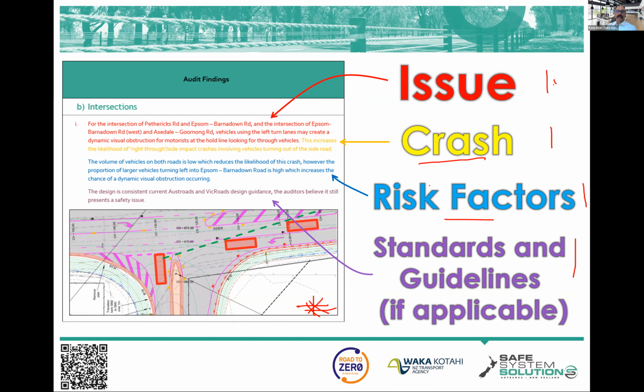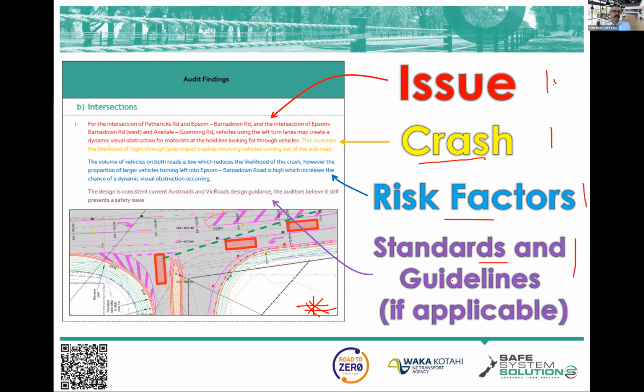Then you talk about risk factors. It could be this will be worse at night because the lighting's also poor, or this is worse outside of peak times because vehicle flows are faster, or the skid resistance is also bad, which factors in there to make it worse. And then you might say in this one, this does not meet the Austroads Guide to Road Design sight distance requirements for pedestrian crossings, and then you've justified it actually with a standard and guideline.